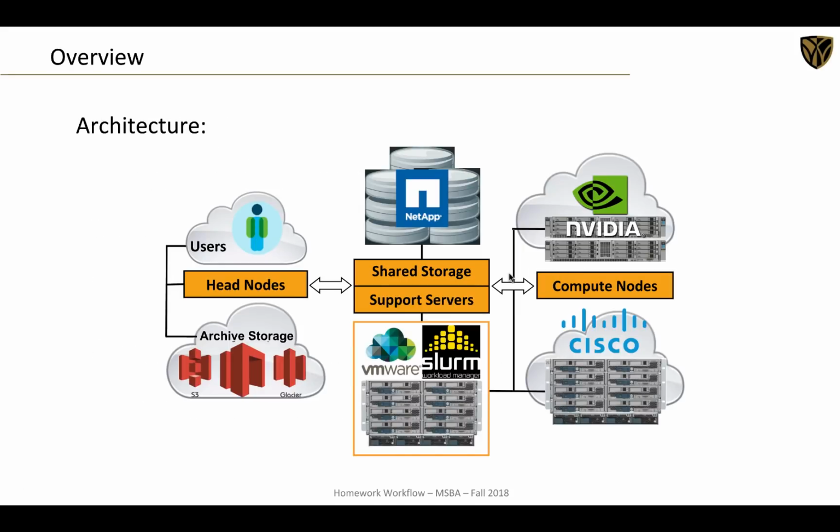So what does a cluster look like? Here is a general overview of the DEAC Cluster architecture. It's broken down into three main components: user access on the left, support services in the middle, and compute nodes on the right. User access is through what are called head nodes.